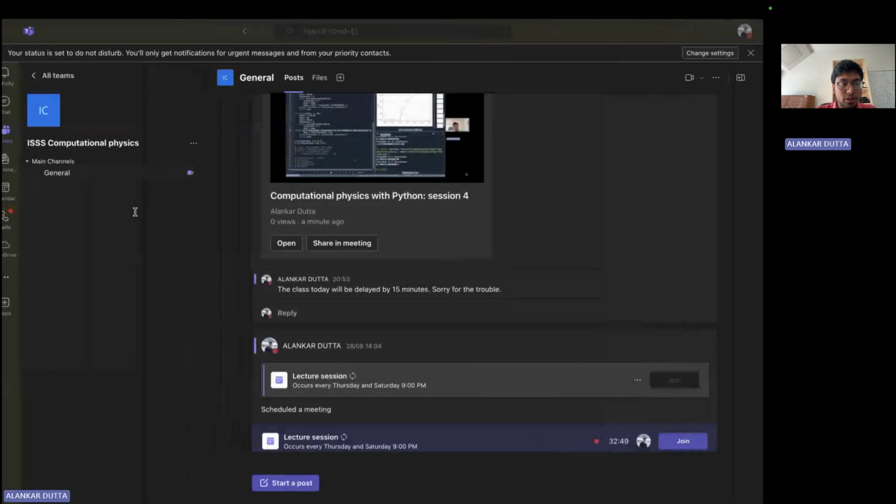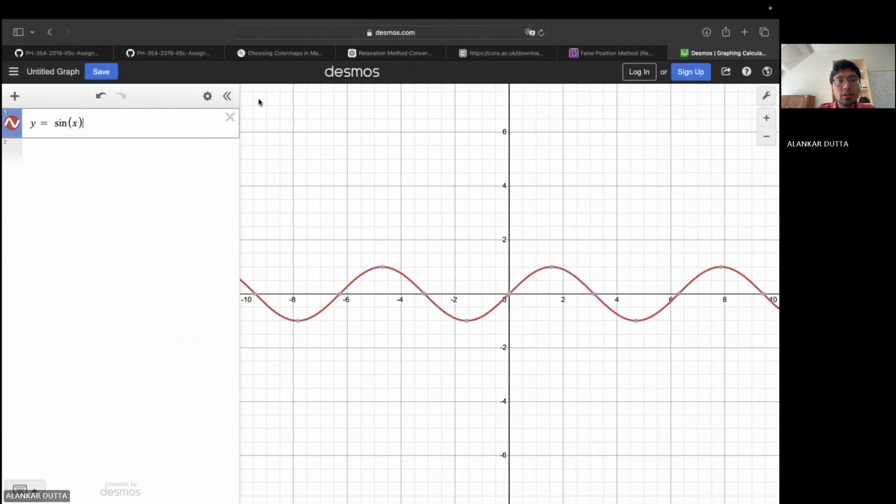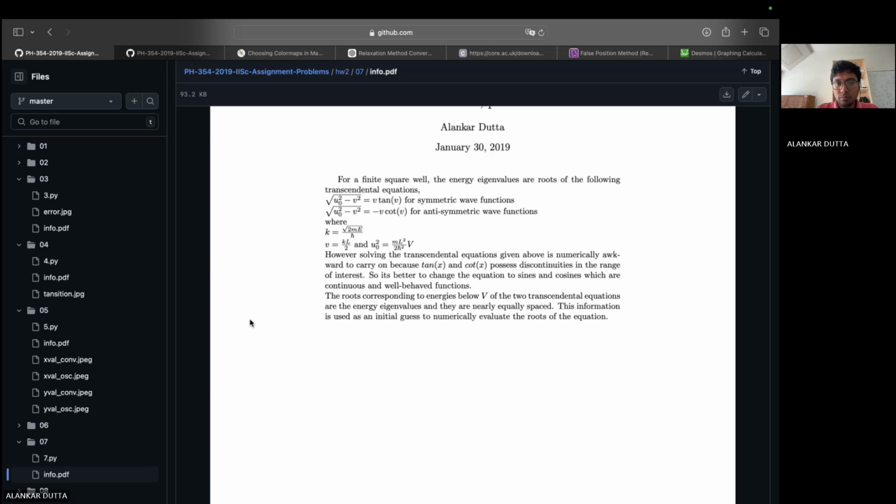And now let's look at the function. If you rearrange this, you can write this as sine by cos, and take the cos on the other side. So you have root under of u naught square. And then you can take square on both sides. That will make you have u naught square.